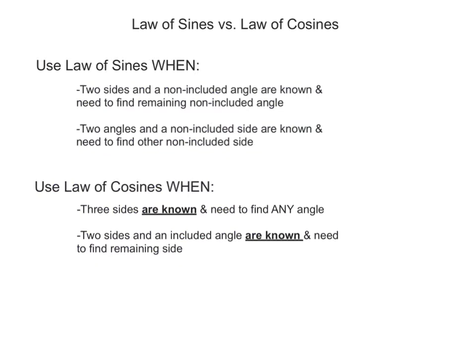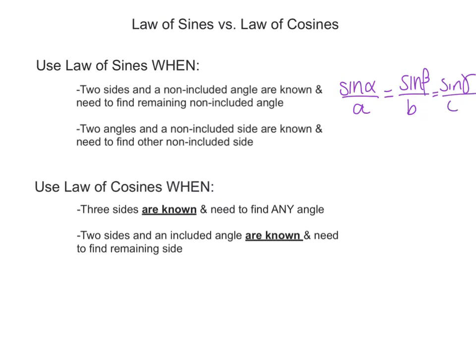So this is a good list of when to use the law of sines versus the law of cosines. So if you have 2 sides and a non-included angle, or 2 angles and a non-included side, we can use the law of sines to do that. And again, let's think about the law of sines as the sine of alpha over the side length is equal to the sine of beta over b, which is also equal to the sine of gamma over c.